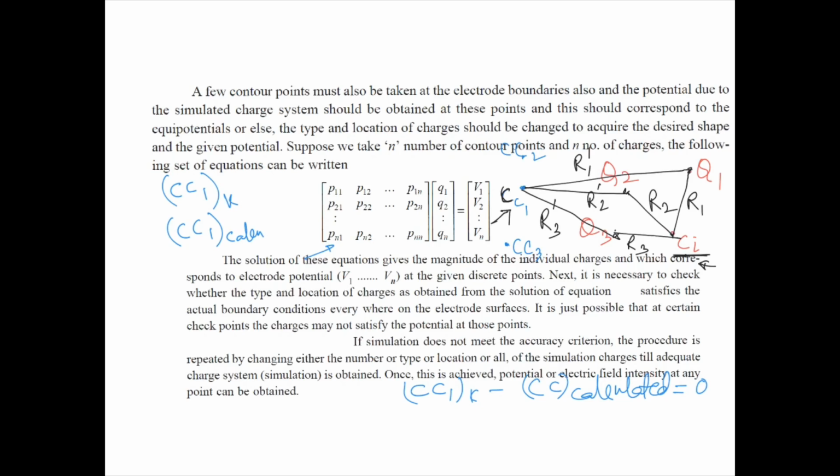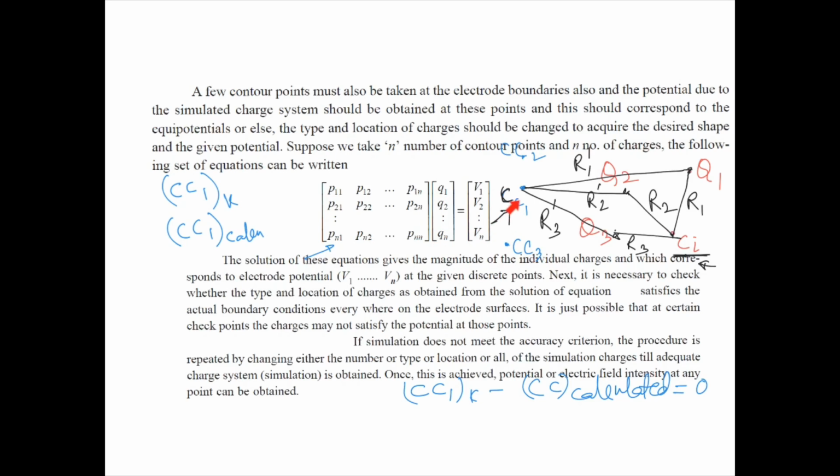If this is not equal to 0, then we have to repeat these two steps. That means we have to rearrange these charges Q1, Q2 and Q3 with respect to Ci. In that case, distances R1, R2 and R3 will change. Again we will find Q1, Q2 and Q3.